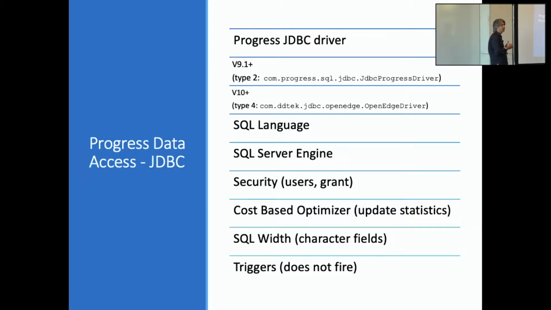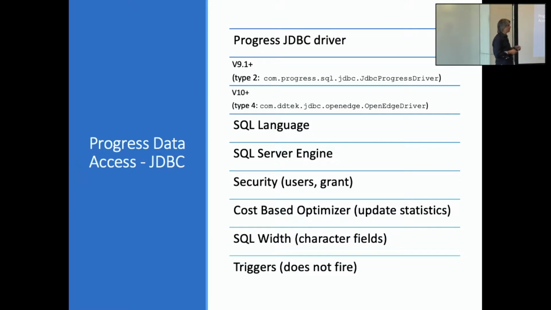It is not index-based, so the index selection is not done at compile time as in Progress. You have to analyze the data, so the cost-based optimizer can figure out what index the query is going to use. So that's very important. You have to update statistics very often.